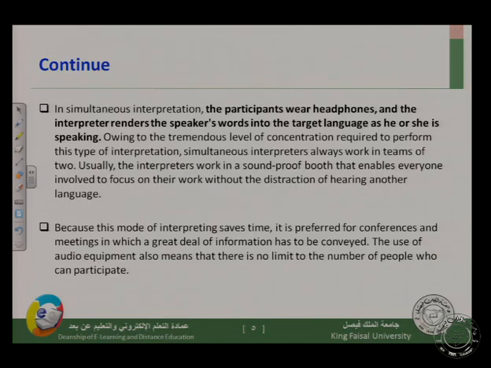But some organizers rush you into interpreting, and then you are alone. You can either do it or you are in trouble. See, it's not that simple. It's not that easy. It is very, very challenging.